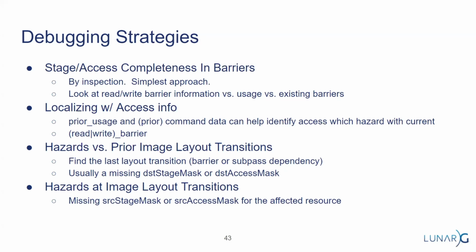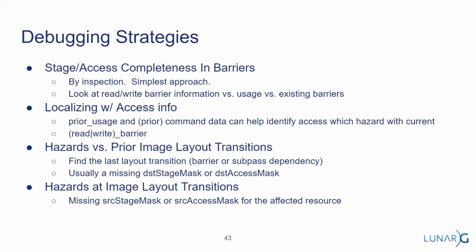Let's say whatever metadata you're tracking within your application is either insufficient or incorrect. Look at what it's telling you, and that allows you to know what you're missing, either in the way you're tracking the usage of your resources within your application or engine, or in terms of how you're setting up the barriers you need.